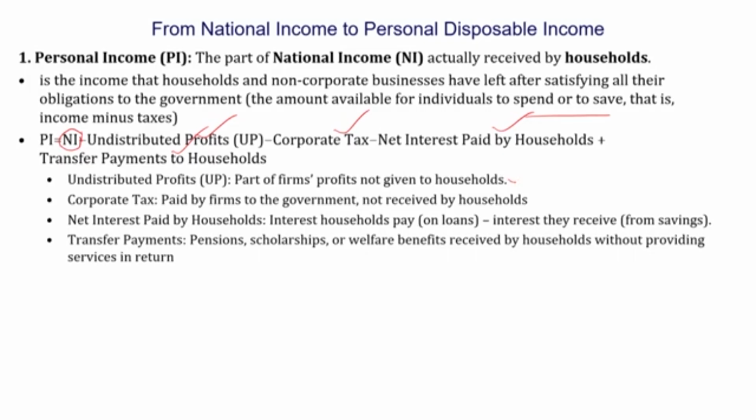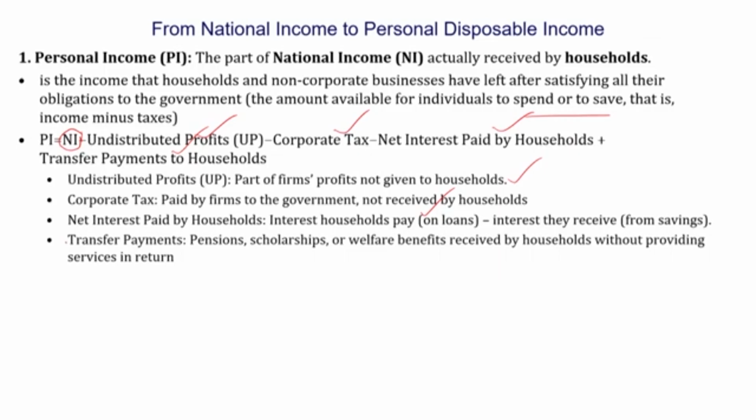Corporate tax is paid by firms to the government, mostly on profit, so we can also call it profit tax, that is paid by firms to the government but not received by households. Net interest paid by households means the interest households pay on loans minus the interest they receive from savings bank accounts and other types of deposits.